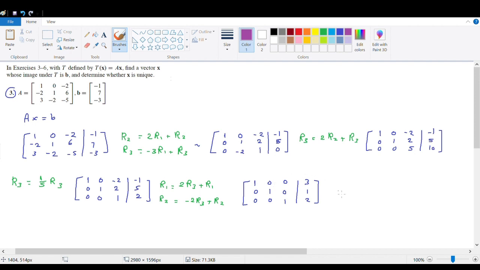We have 3 variables, x1, x2, x3, so x1 is equal to 3, x2 is equal to 1, x3 is equal to 2. Since we don't have any free variable, all the variables are basic. That means x is unique. There is no more than one x because there is no free variable.